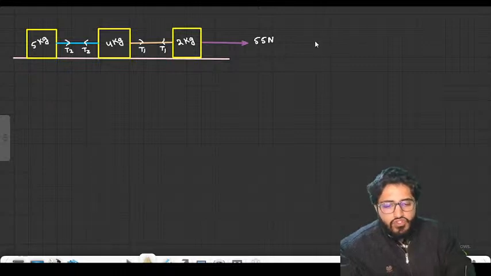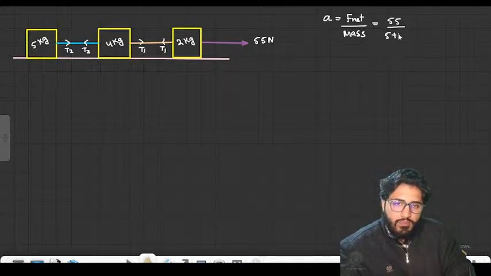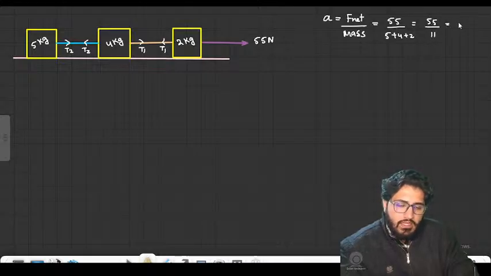Okay, that's why I will use the shortcut. What is acceleration? Acceleration is net force divided by mass. What is force? That is 55 only. What is mass? It is 5 plus 4 plus 2, which is 11. 55 divided by 11, my acceleration is 5 meter per second square.